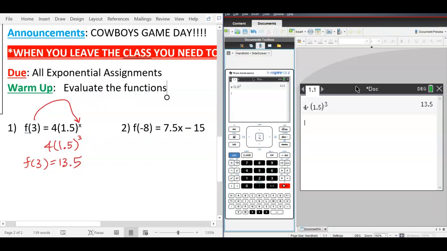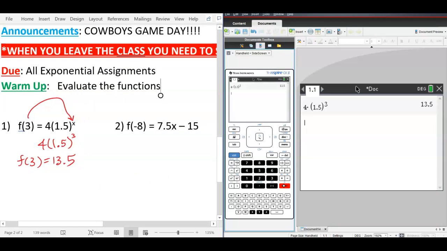Should have. Look at number 2. F of -8 means I put -8 where the x is, right? So 7.5 parentheses -8 minus 15. Now this one's a linear equation. 7.5 parentheses negative sign 8 parentheses minus sign 15.